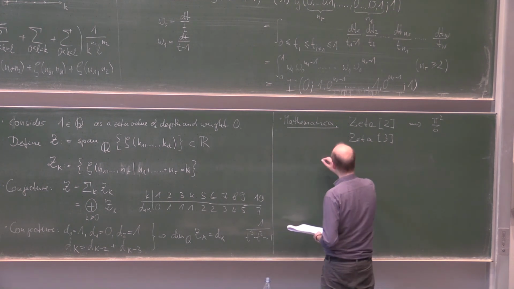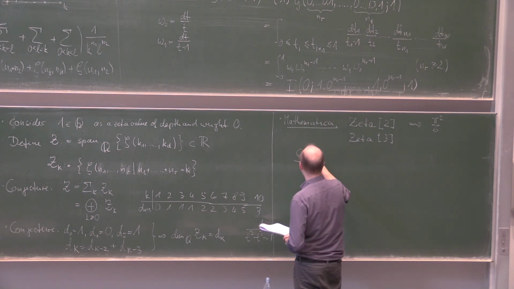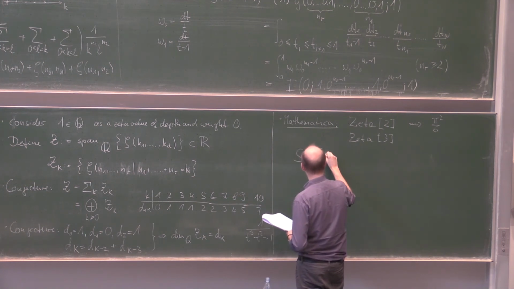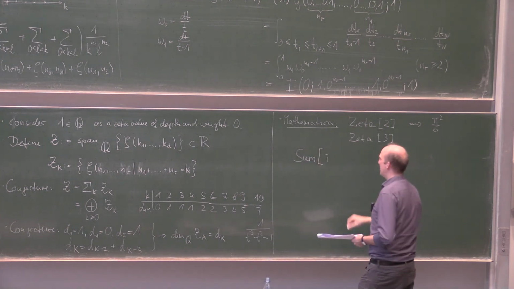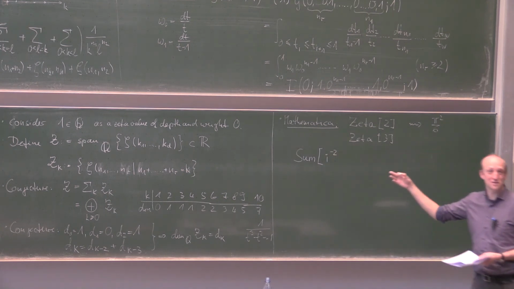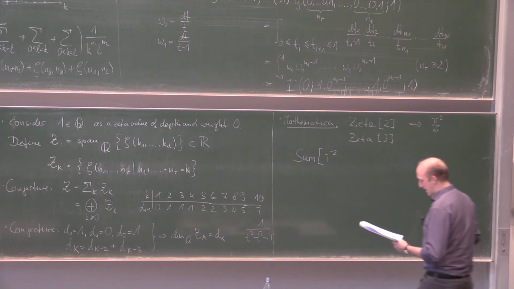You would take a sum, then take a running variable I and take it to the power of -2. Let's calculate zeta of 2.